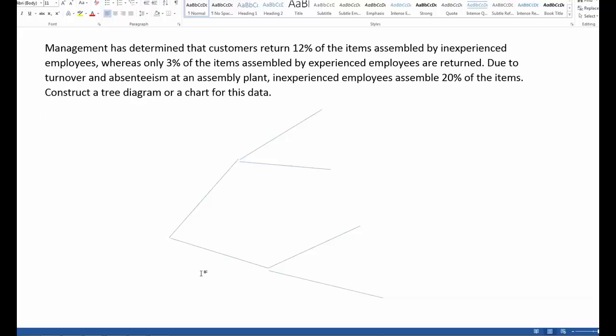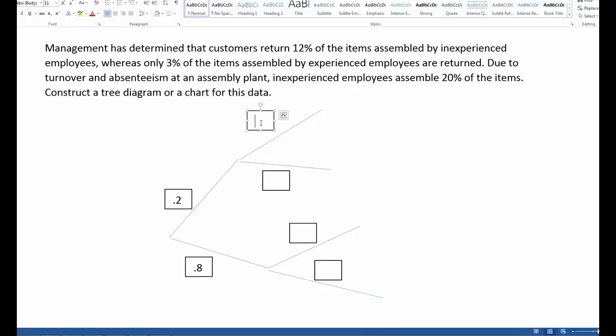Well, we know there's 20% of inexperience, which means there's got to be 80% of the veterans. And on top of this, we also know probabilities for what percent gets returned from an inexperienced versus what percent gets returned from a veteran. So let me set up these probabilities here.